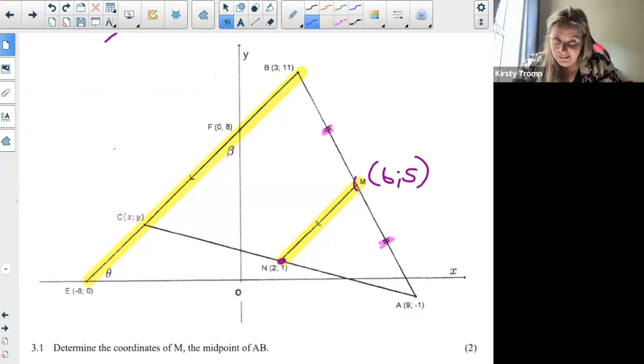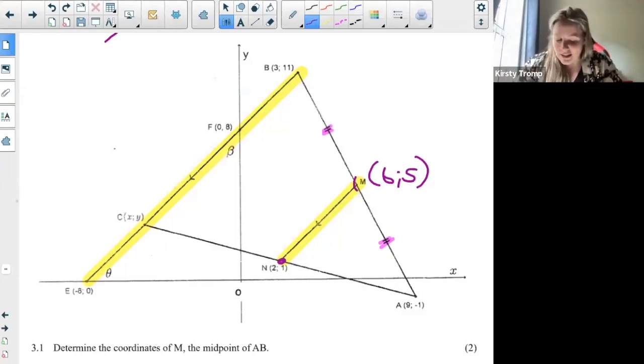The one line is splitting that triangle at a midpoint. Is this looking familiar from something you learned in geometry this year? What happens if I take this triangle and turn it upside down? I'd have a triangle with two parallel lines, and one of the pair of sides has been split equally. They've got a midpoint. So therefore, what do we know about N? N is going to be the midpoint of AC.